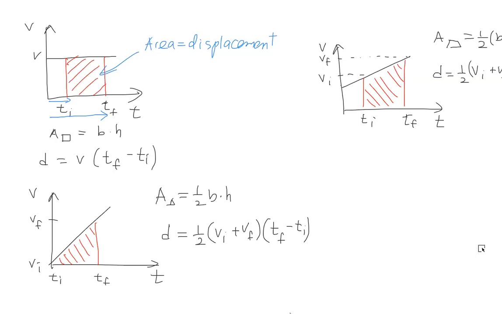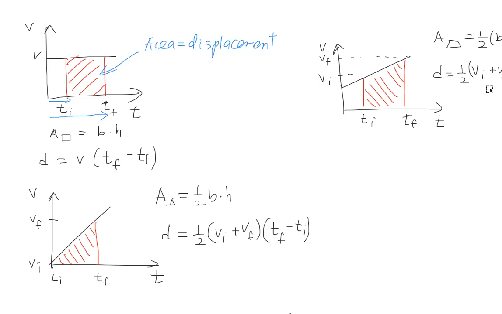Seriously? I still don't understand why we're adding the V1 plus VF, and then we're subtracting TF minus. Okay. So the reason we're adding is the same thing as I was trying to explain, these shapes are basically the same thing. Which means when we write the formula for the area, we should get the same equation.